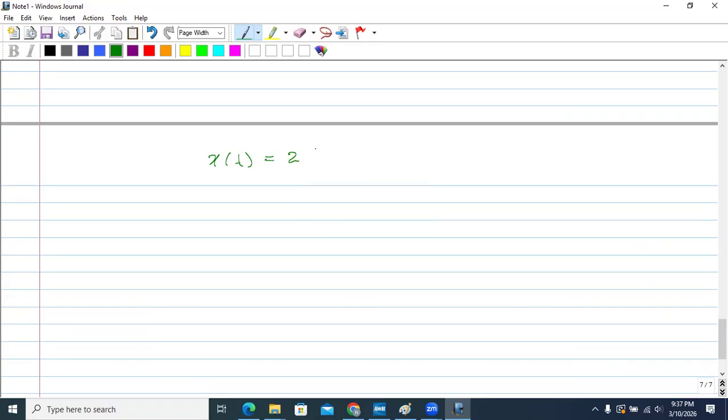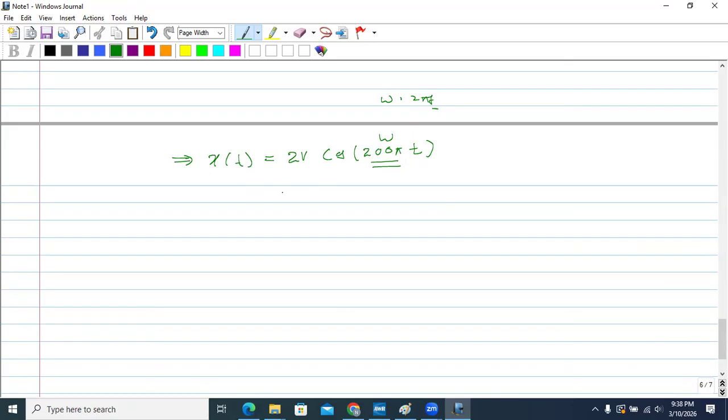The amplitude is 2 volt, cos of 205t. Because you know that 205 is the cutoff frequency, this is omega, and you know that omega is equal to 2πf. So if you need, you can find f here.